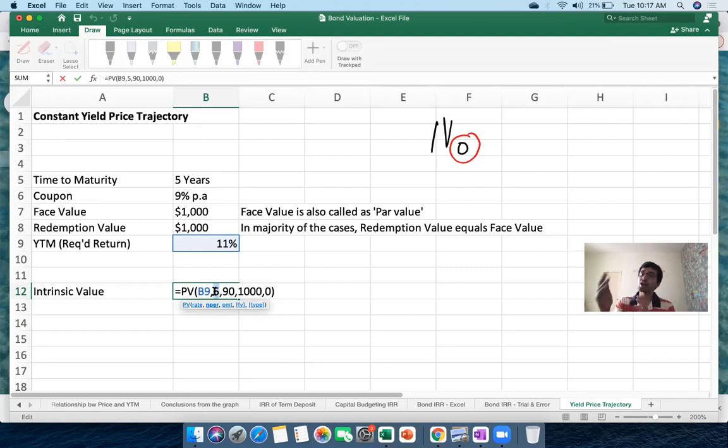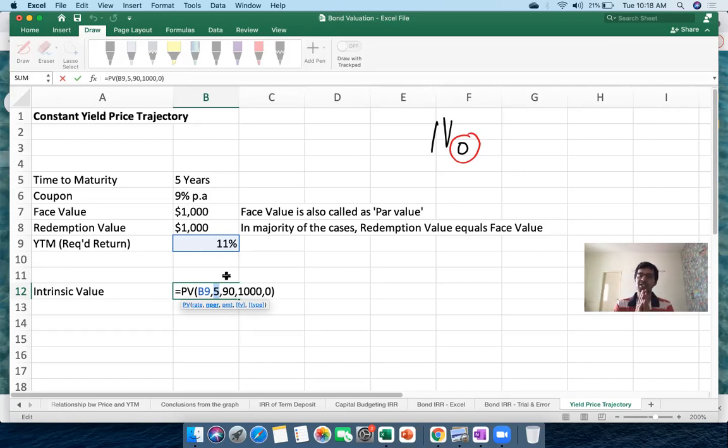Although the yield in the real world can change, from 11 to 12 or 11 to 10, we are going to assume constant yield, and then see the path that the price of this bond is going to take from today till the end of the fifth year, which is the maturity of the bond.